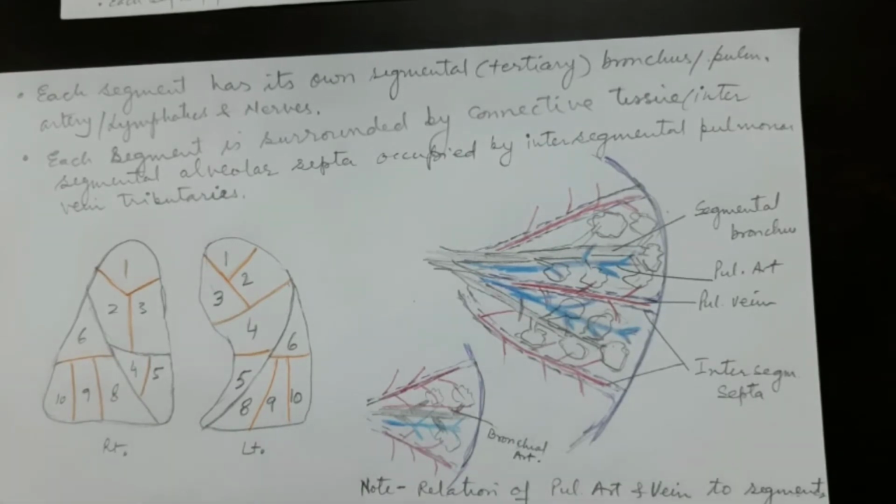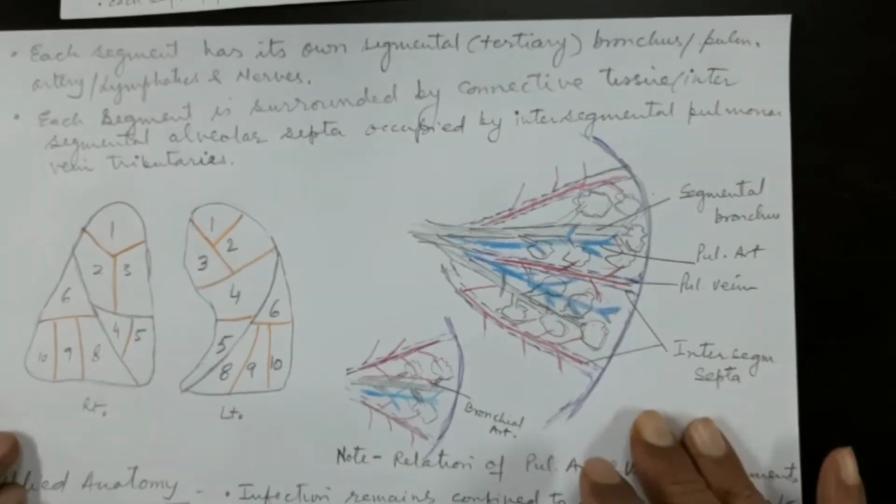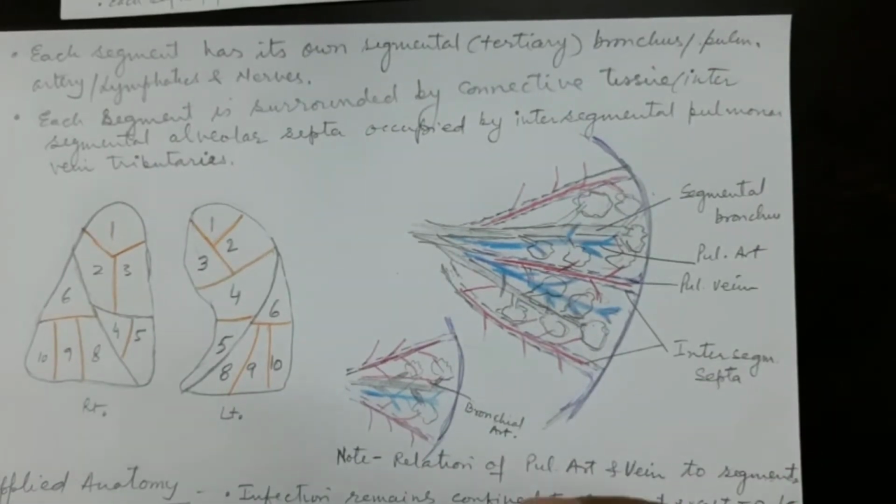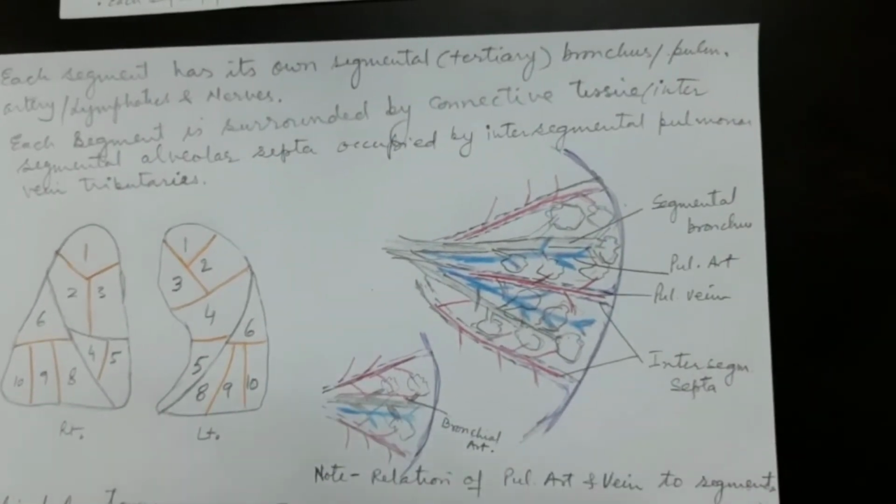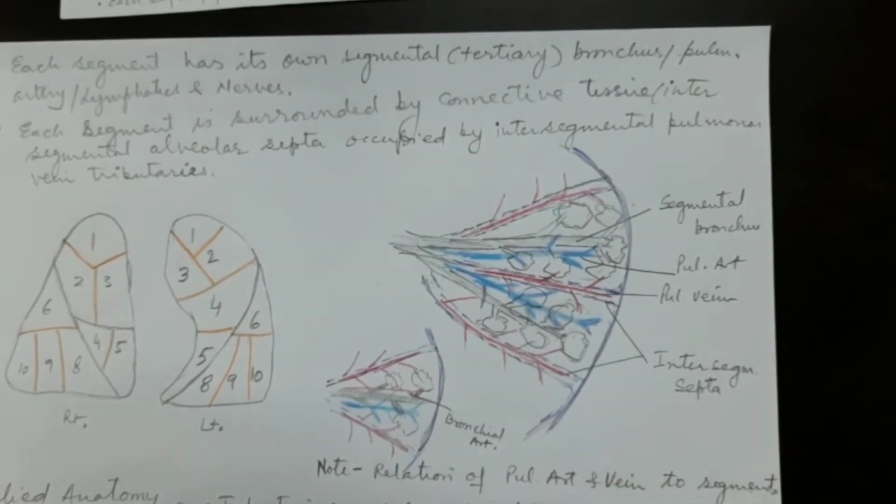These boundaries are clear, and within this pyramidal bronchopulmonary segment, these many contents are there. Within this septa or connective tissue layer which is bounding its boundary, there is the presence of an intersegmental pulmonary vein.